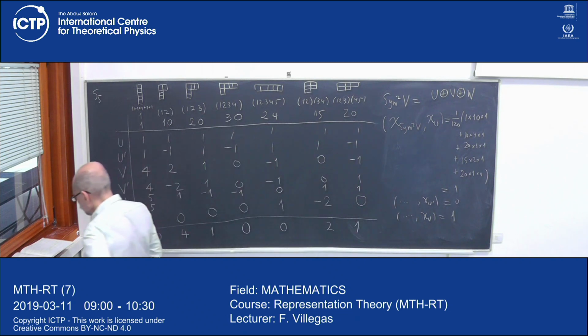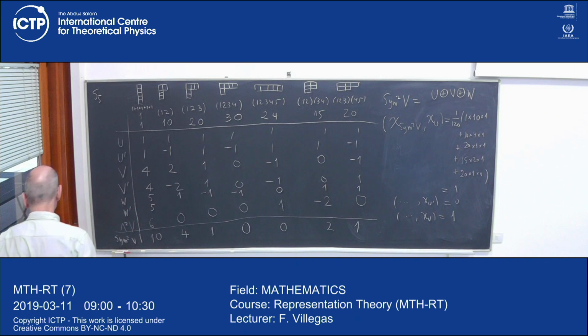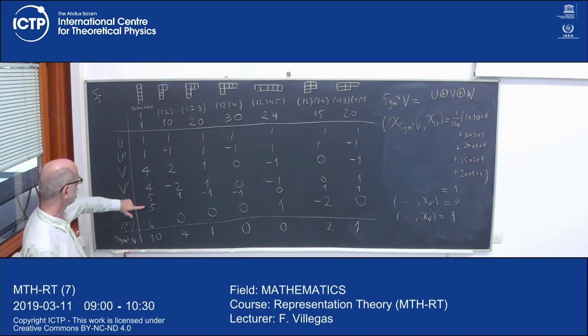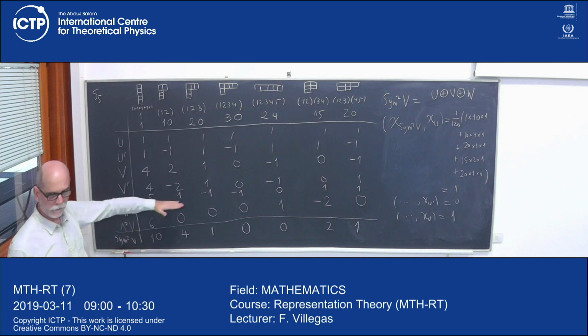So I hope I did this right. That looks right. I could have been wrong, and this W could be a decomposition into U five times or something, but it's not. You can check that this is actually irreducible.